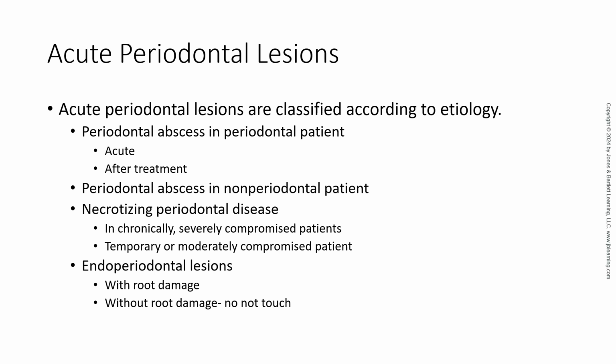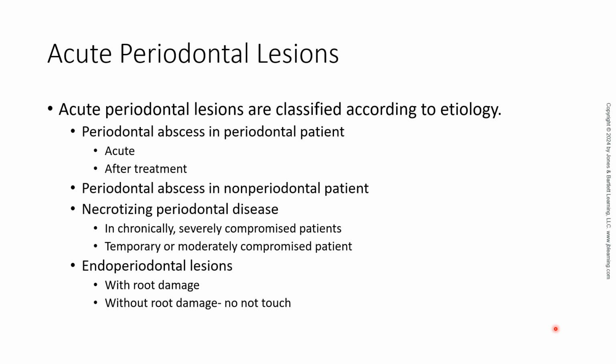All right, your acute periodontal lesions are classified according to etiology, which include acute exacerbation due to untreated periodontitis or after scaling. Periodontal abscesses in non-periodontitis patients include impaction of popcorn hulls, nail biting, gingival overgrowth, and root fracture.